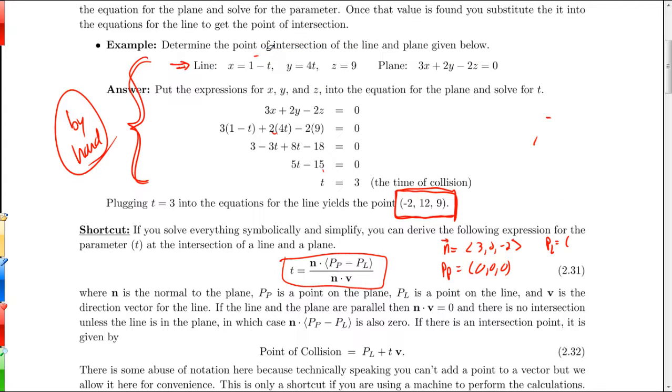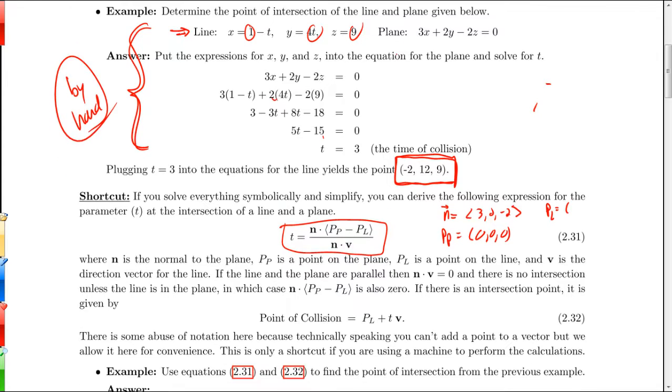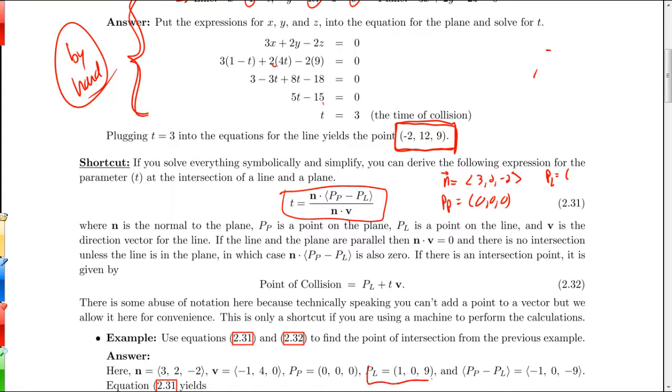I just have to find one point. If I let t equal 0, then I get the point 1, 0, 9. And so that's where this point on the line comes from.